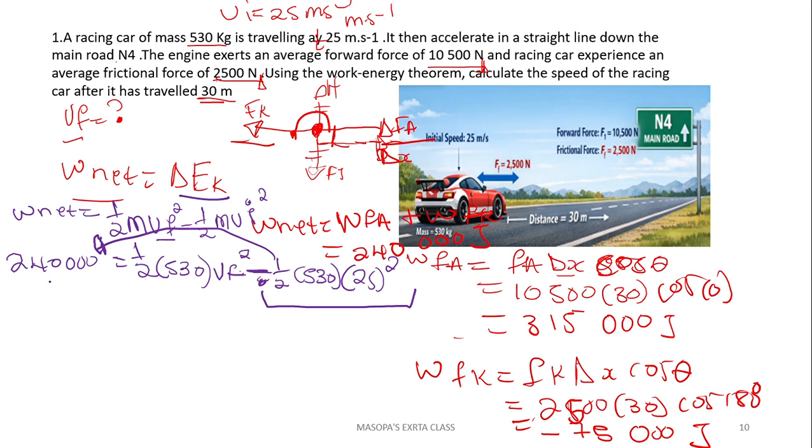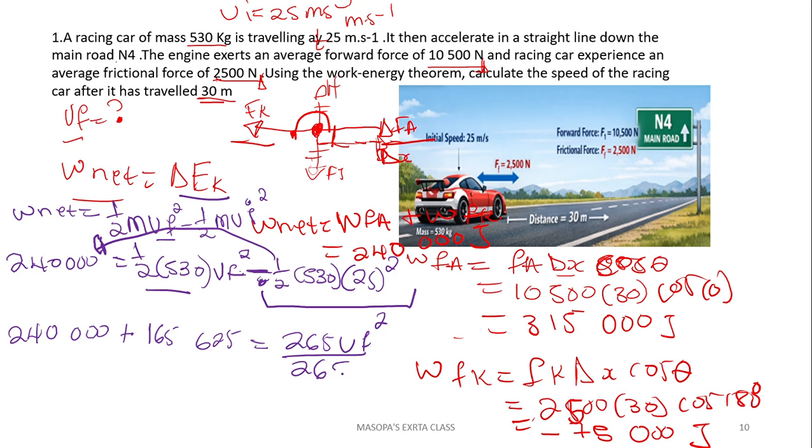So you're going to say 240,000 plus 165,625, that is equals to 1/2 of 530, which is 265, times the final velocity squared, and you're going to divide by 250 and by 265.